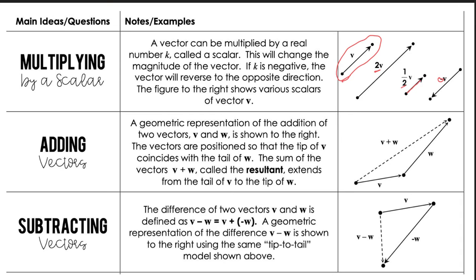And if we're going to add vectors, notice that the sum of these is called the resultant and extends from the tail of V to the tip of W. So we're going to add from tip to tail.